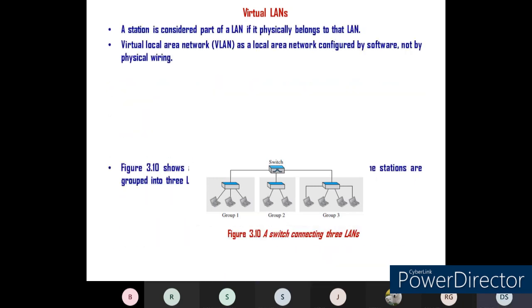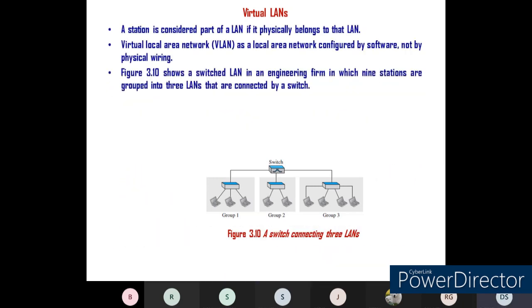Dear students, in local area networks we have discussed that a number of hosts or switches or hubs are connected using cables. Using physical cable, we have seen that a number of hosts, meaning computer systems, are connected through hubs and switches.